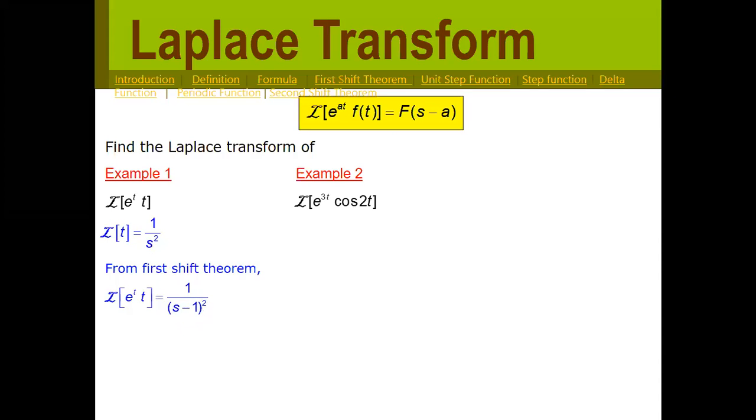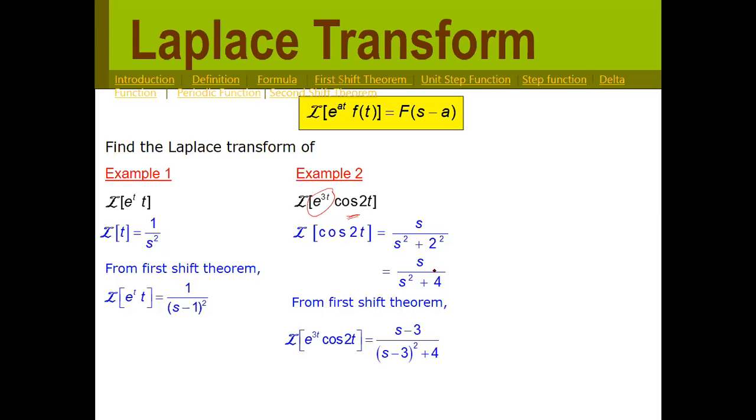Okay, tengok pada example tu pula. Ada eksponen kan? Bila ada eksponen, berlaku first shift di situ. Di mana ft dia apa? Ft dia cos 2t lah. So by table cos 2t is s per s square plus 2 square. So s per s square plus 4.